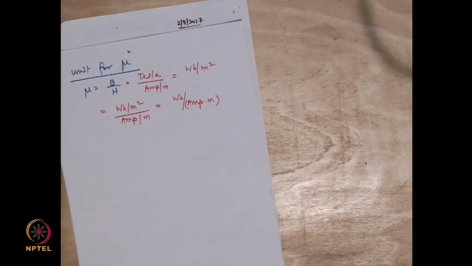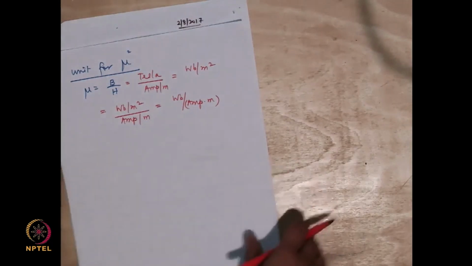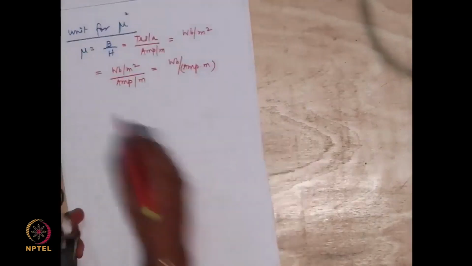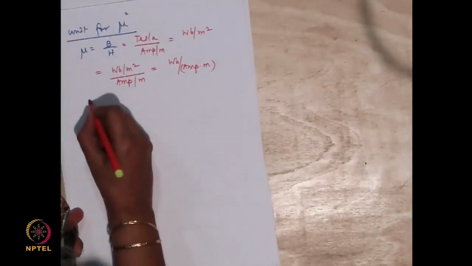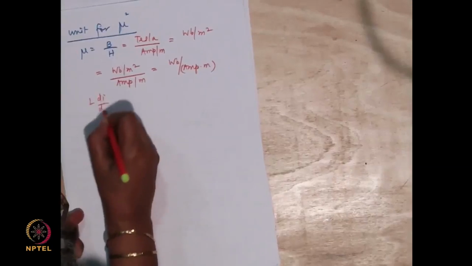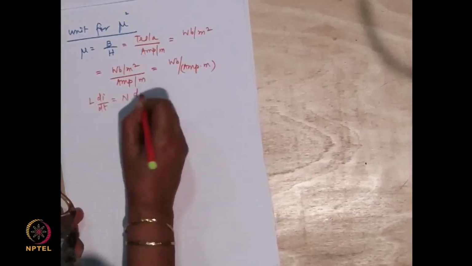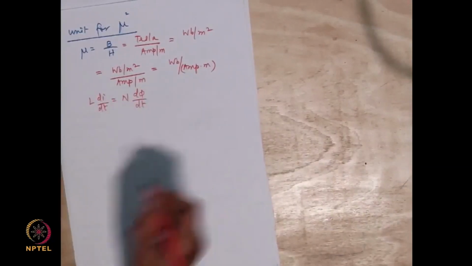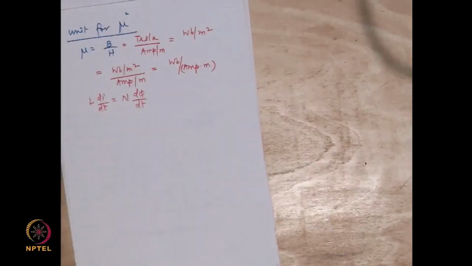I can also look at it a little differently. If I look at L di by dt equal to N d phi by dt, there is a relationship expressed in the form of Faraday's law.